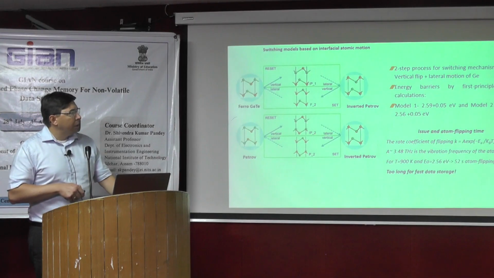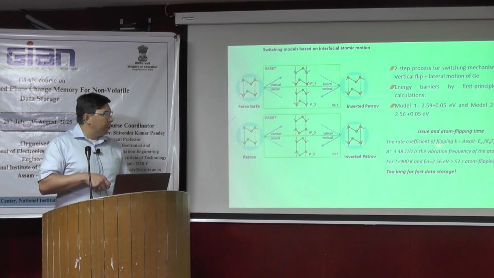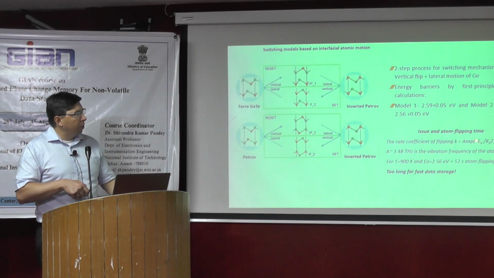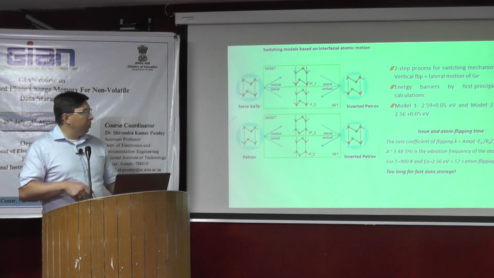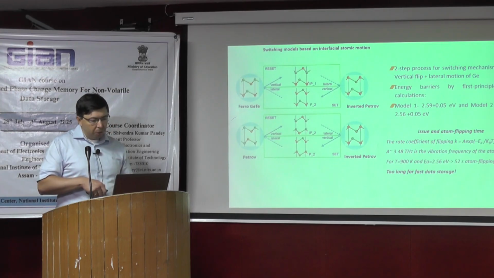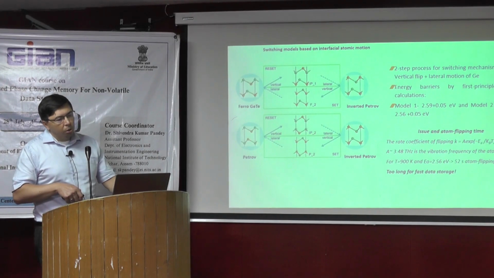But the problem is the atomic flipping time, if you do estimations based on the rate coefficient of flipping, which is defined by k equals A exponential of minus EA divided by kBT. A is the vibrational frequency of the atom, and if you set the temperature to 900 K and EA to 2.456 eV, which we know from experimental data, then we find that the flipping of such atoms requires about 52 seconds, and this is too long to operate by atomic movement. So this is very long for data storage.